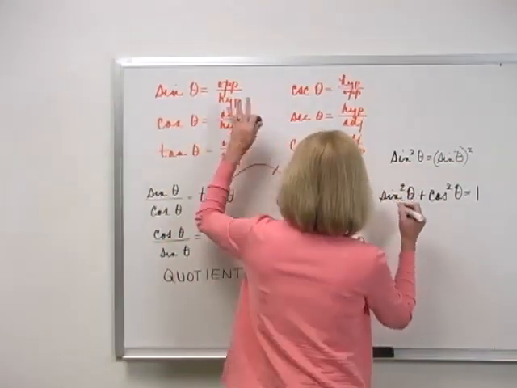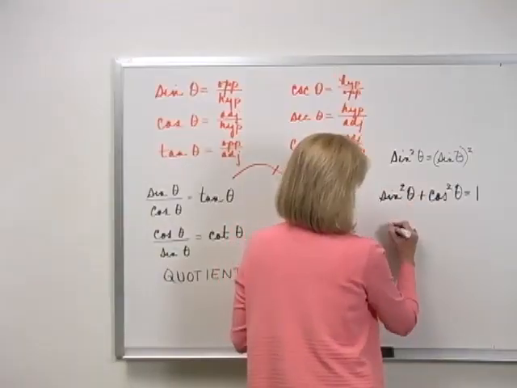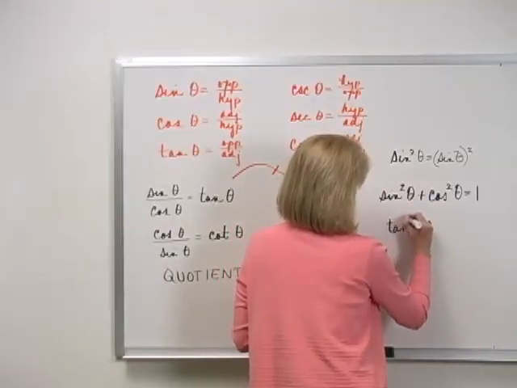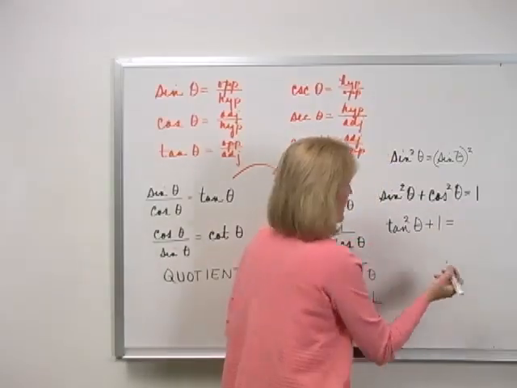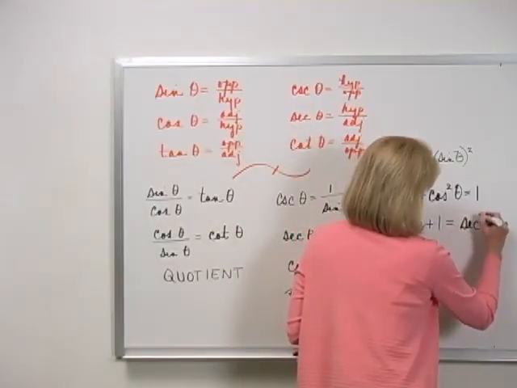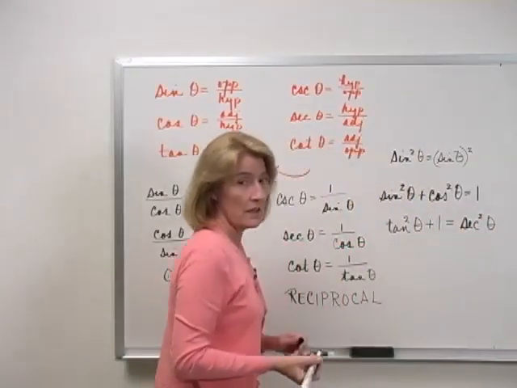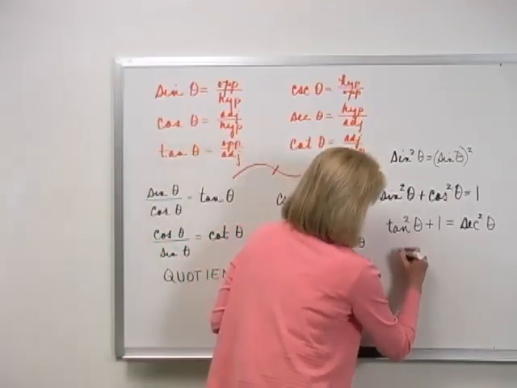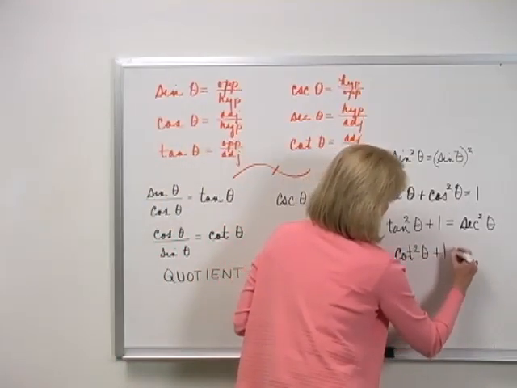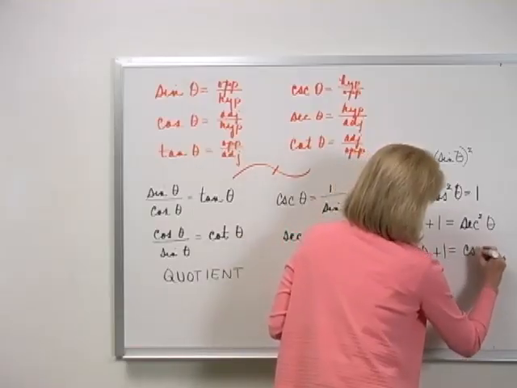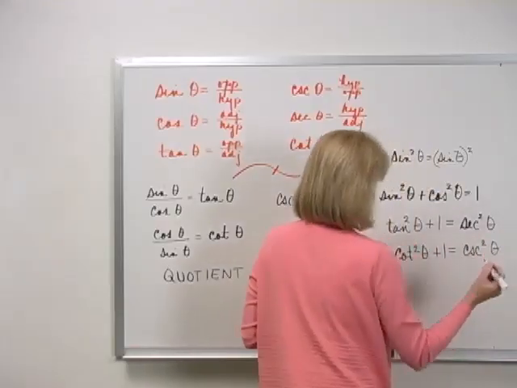Okay, the next relationship that follows this pattern is that if you square the tangent of theta and you add 1, you will get the value of the secant squared of theta. And the third one is that if you take the cotangent of theta and square it and add 1, you will get the cosecant squared of theta.